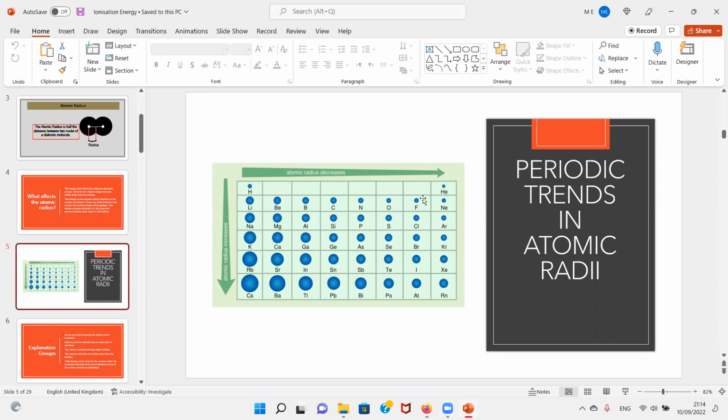This is the period, and this is the group. As you go down the group, what will happen? More shells will be added. Why? Because you need to add more electrons, so you need to add more shells, and therefore the atomic radius will increase. Let's demonstrate that.